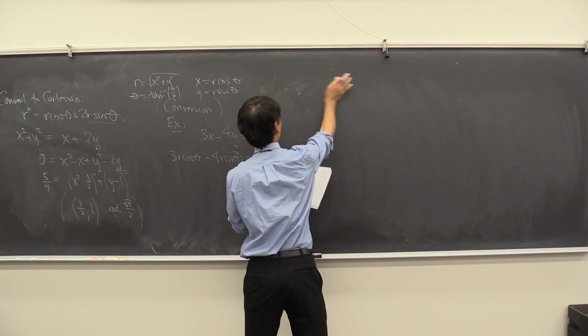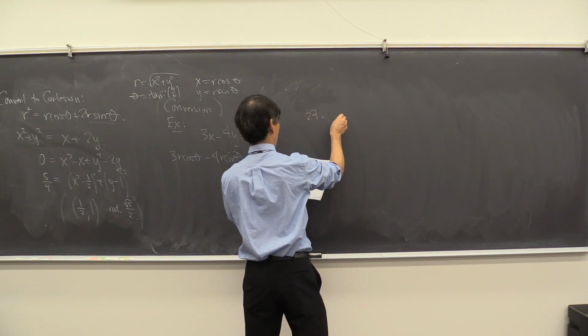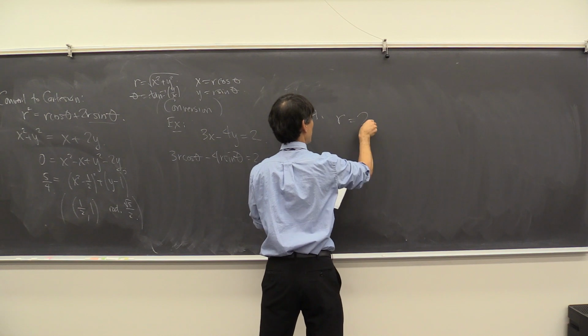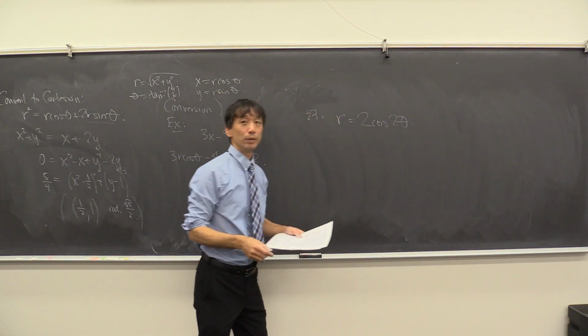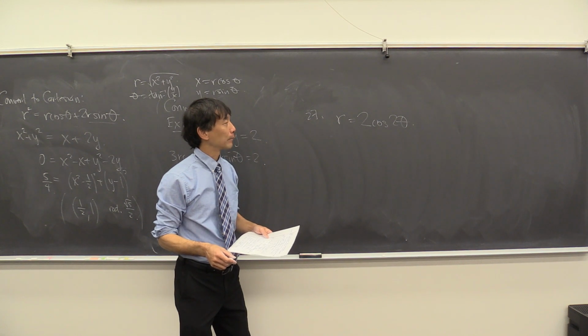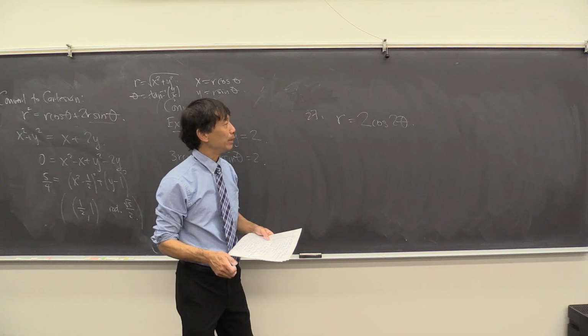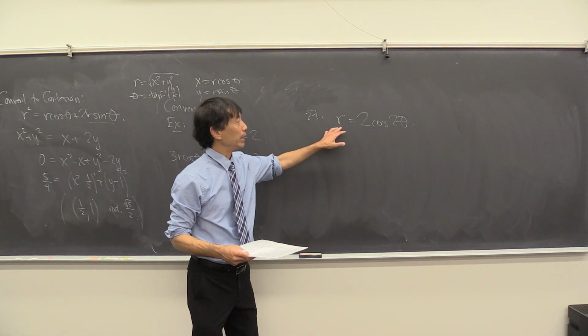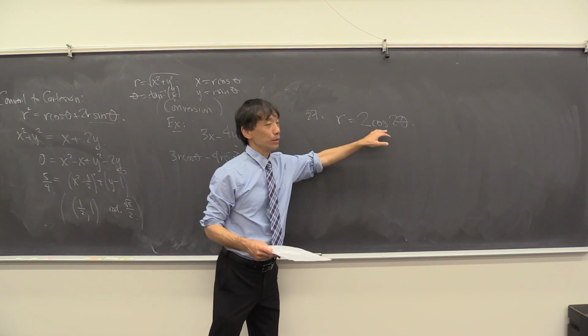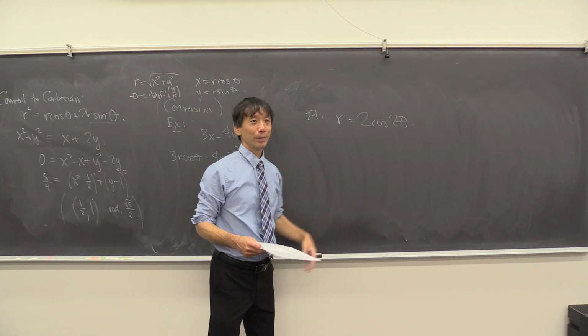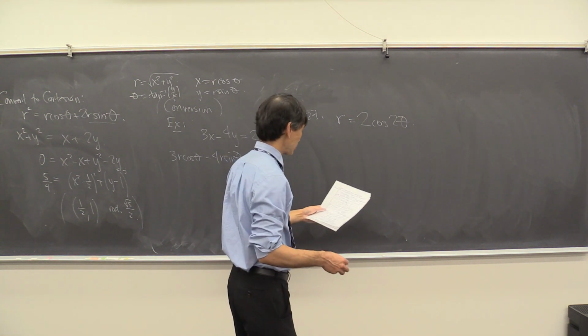So here's one, number 27. R equals 2 cosine 2 theta. So it's any point where the radius, the distance to the origin, is twice the cosine of twice the angle. Okay.